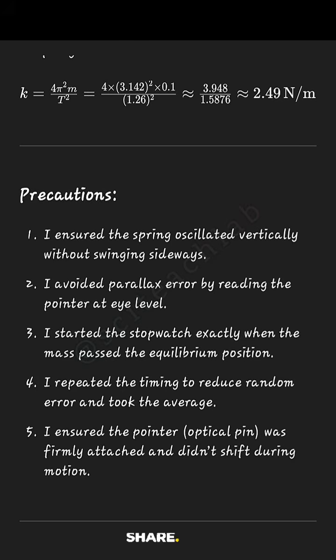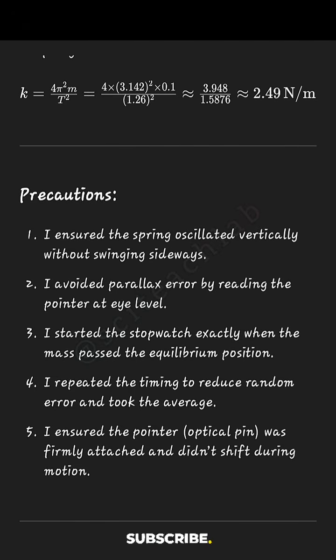Okay, and then remember your precautions are very important. Take for instance the one I did. The precautions could be: I ensured the spring oscillated vertically without swinging sideways. Precaution is what did you make sure you did to avoid wrong readings, to make sure that the thing went accurately. Number 1, I ensured that the spring oscillated vertically without swinging sideways.